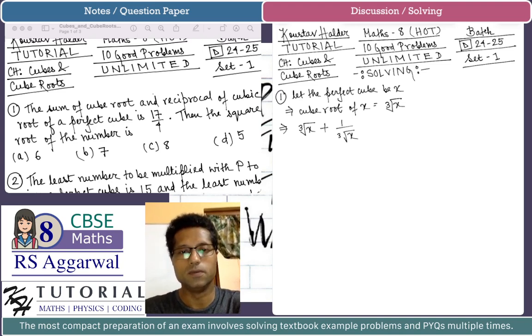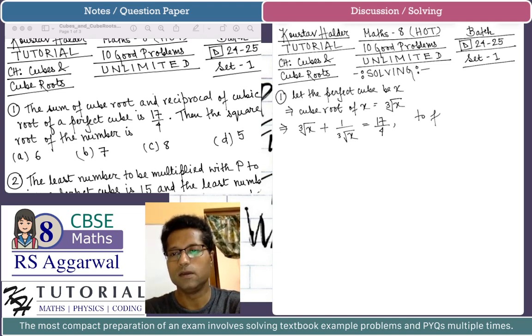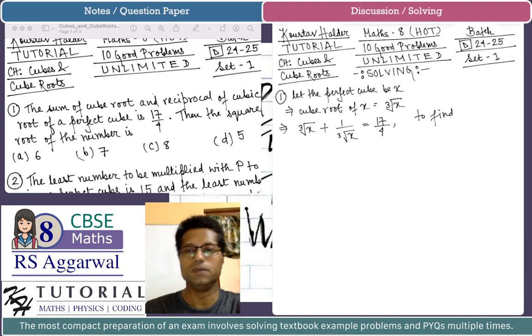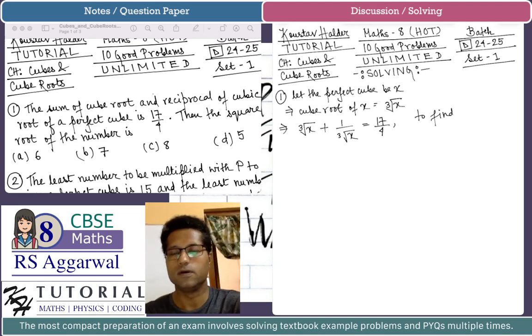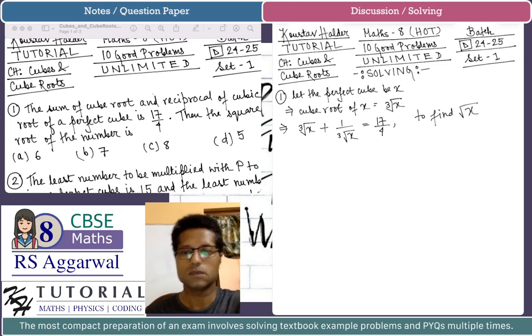This is given to be 17 by 4, and we have to find the square root of the number. That is, we have to find the number we have assumed to be x, which is a perfect cube. So we have to find the square root of the given number, that is square root of x.